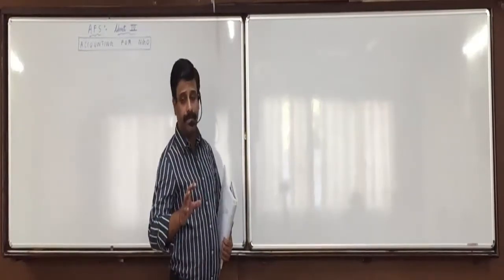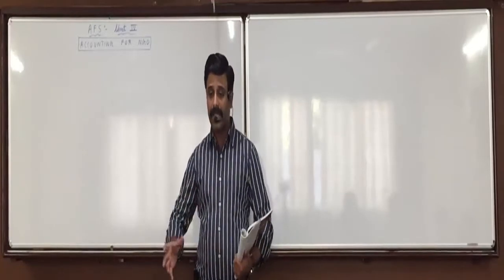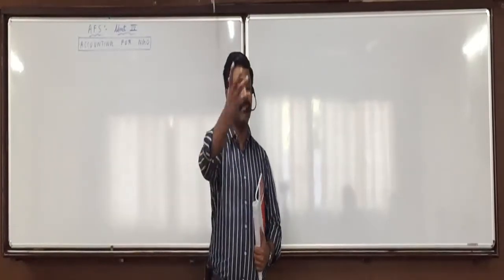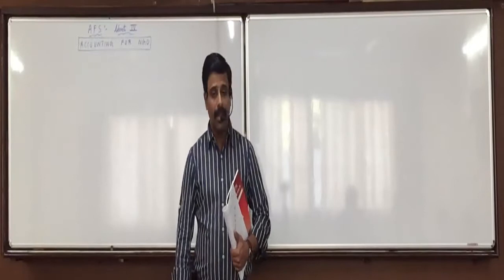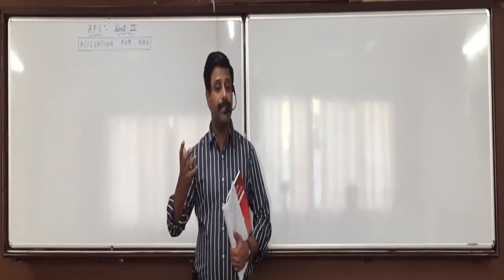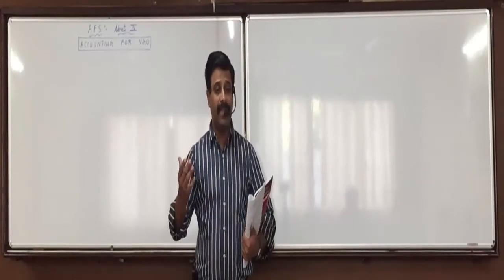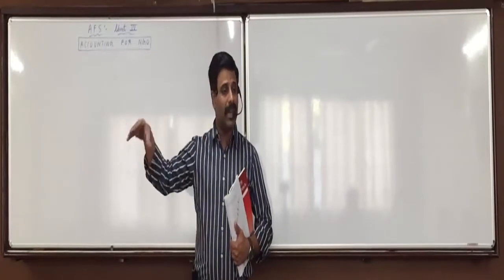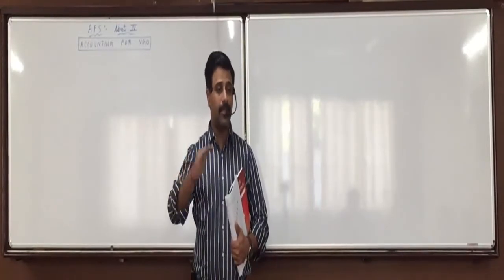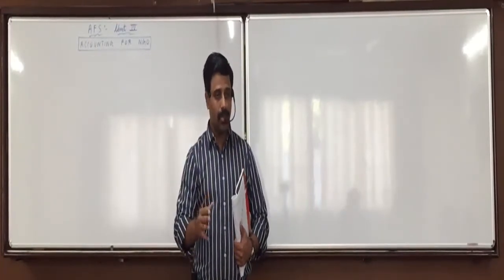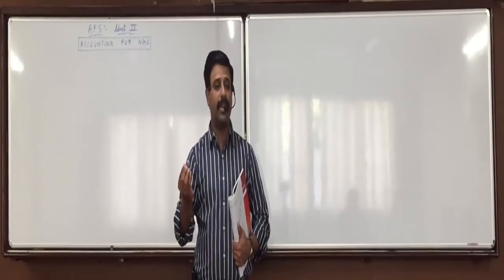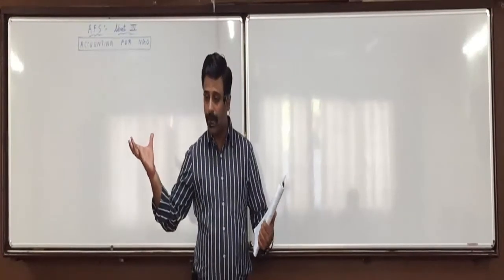Corpus fund means it is a fund which is created over a long period of time. Created over a long period of time means it is accumulated. Every year whatever income is over expenditure, that will be transferred to corpus fund. So a small amount will be transferred every year and will result into a big amount in future.